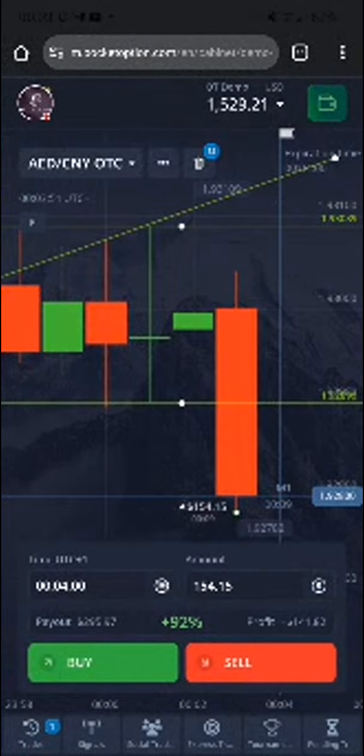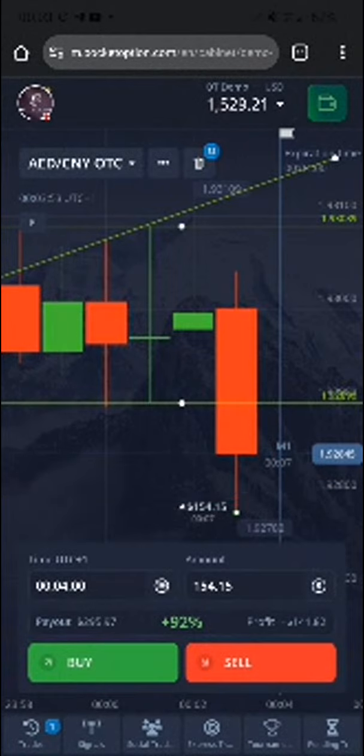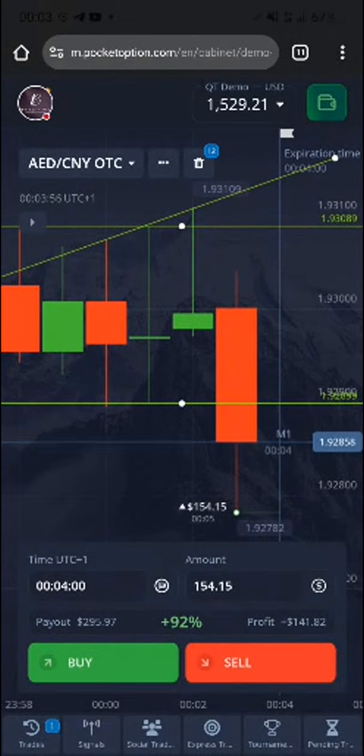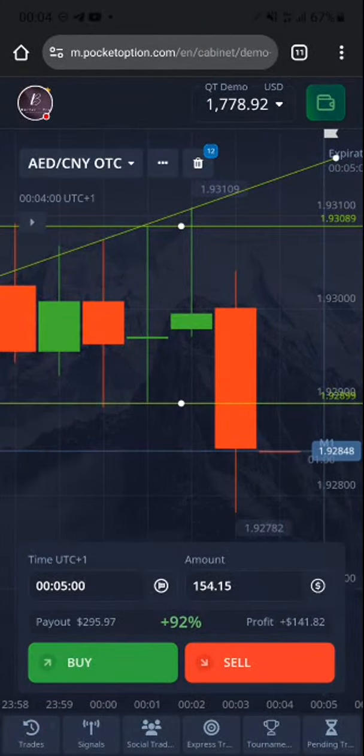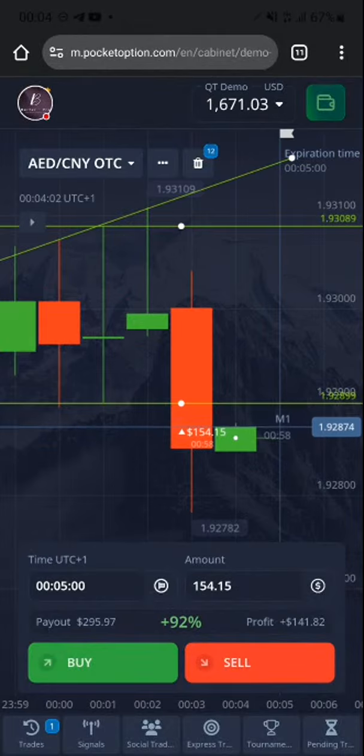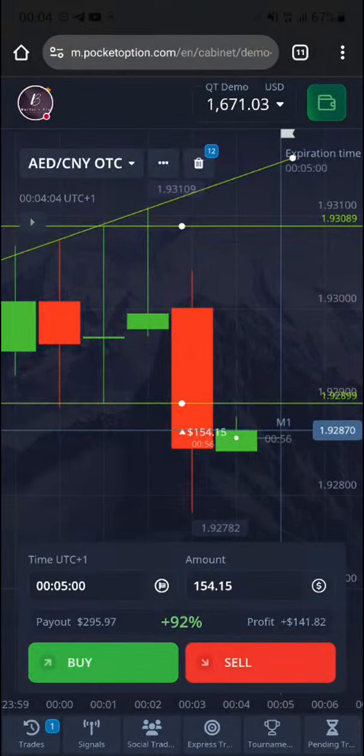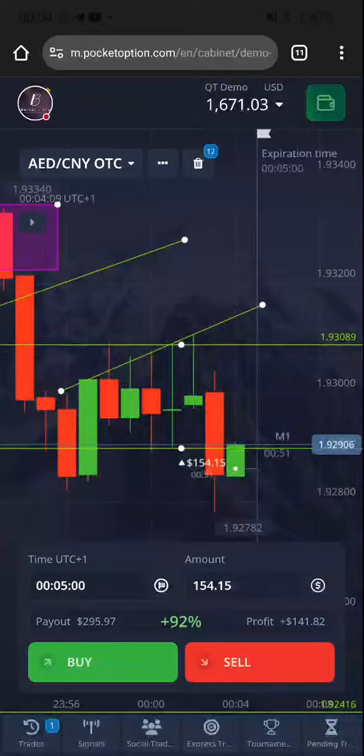Okay. Let me see if I can take advantage of this round number. Then we'll go with the buyers after this. If it gives us the gap down, we'll go with the buyers. Okay, we have a gap down. I wasn't fast enough. We'll have a green candle. I'm expecting a green candle because of this doji.